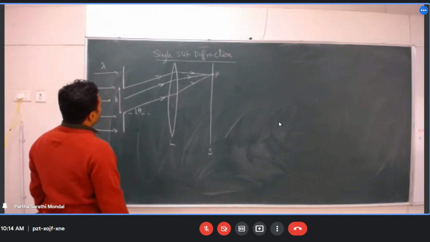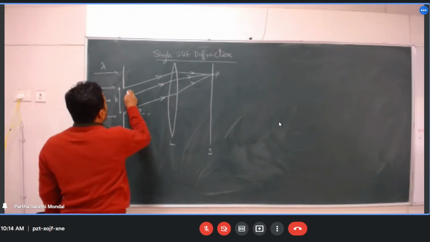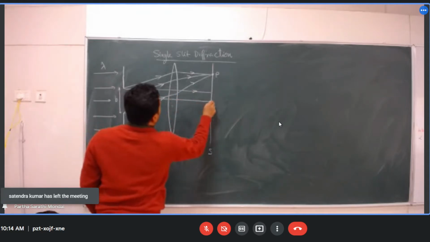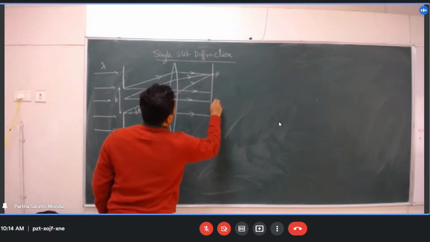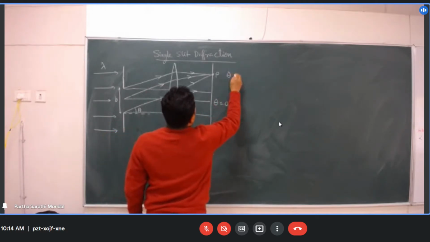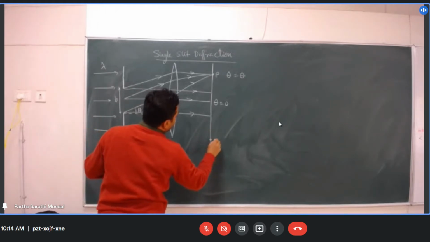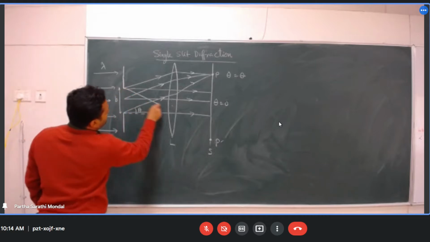Suppose I put theta equal to 0, then the ray will be parallel, like this. So in this case, theta equals 0. Let's say theta equals theta. Now if I take a symmetrical point here, P dash, it will be something like this.